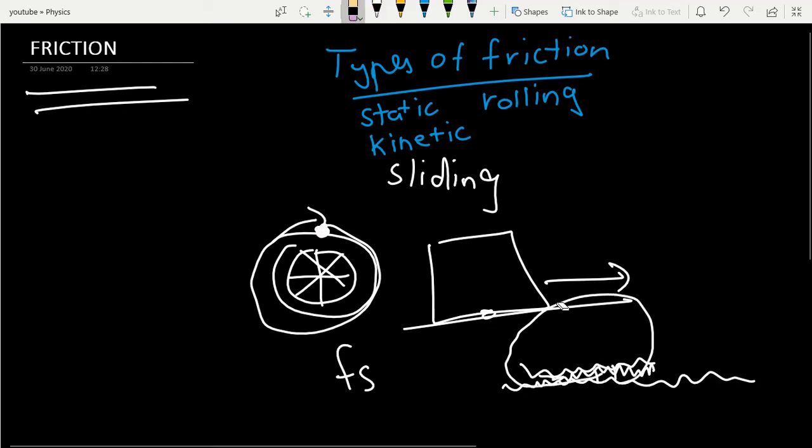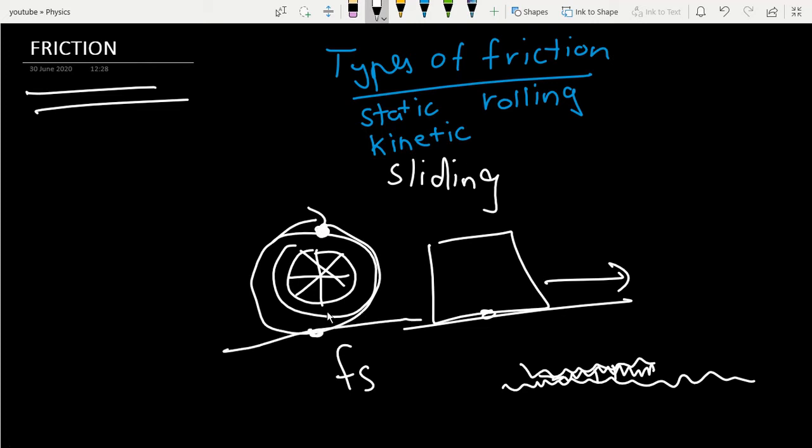Now, in rolling friction, you can see that the surface in contact is very small, whereas in sliding friction the surface of contact is very large. So the value of rolling friction would be very low, whereas the value of static friction is going to be higher.